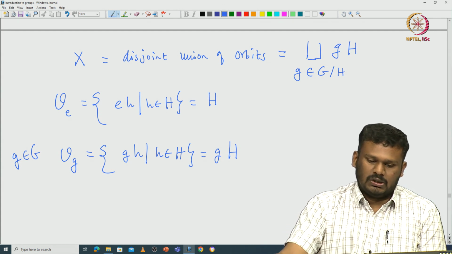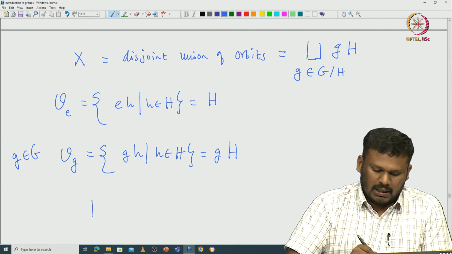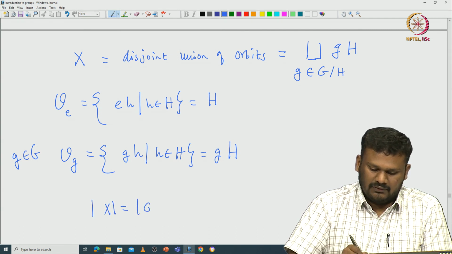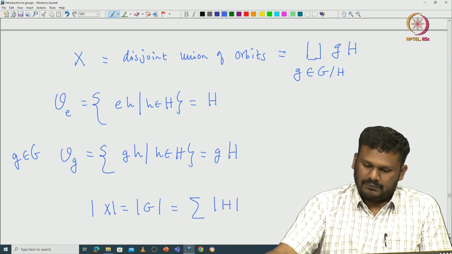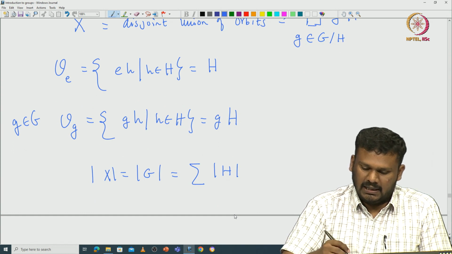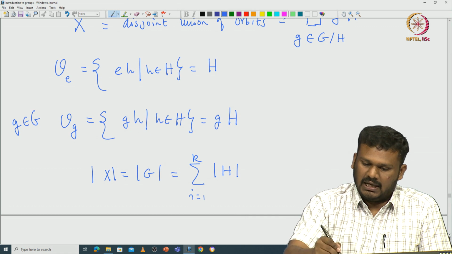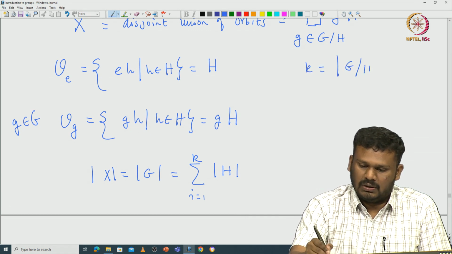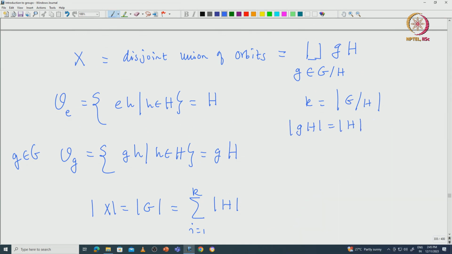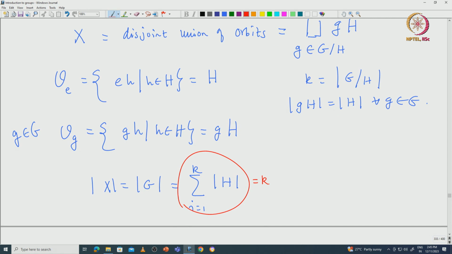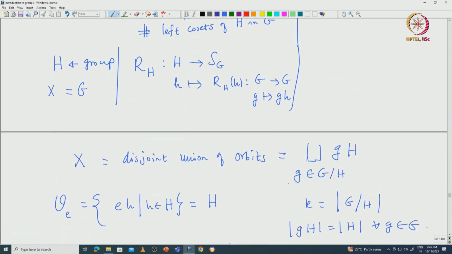So now you can see that using this orbit decomposition theorem, the cardinality of X, which is the cardinality of G, is exactly equal to the summation of the cardinality of H, where the sum runs over exactly k number of times, where k is exactly the cardinality of G modulo H. So that is because the cardinality of gH is the same as the cardinality of H for all g in G. So this sum runs over k number of orbits, so it is going to give you k times the cardinality of H. So that is what we wanted to prove.